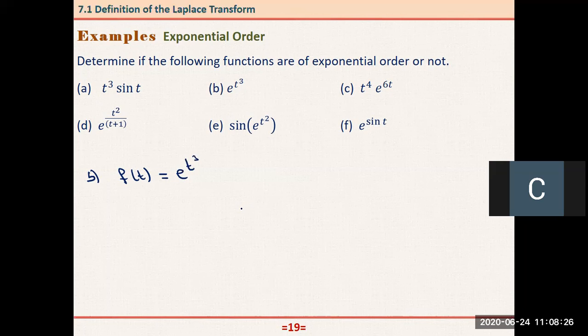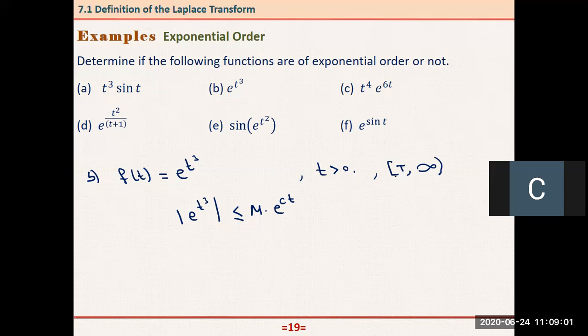Can you find some capital T, any number, so that the absolute value of f, that is e to the power t cubed, is less than or equal to M times e to the power ct? Can you find any interval from T to positive infinity so that this inequality holds?